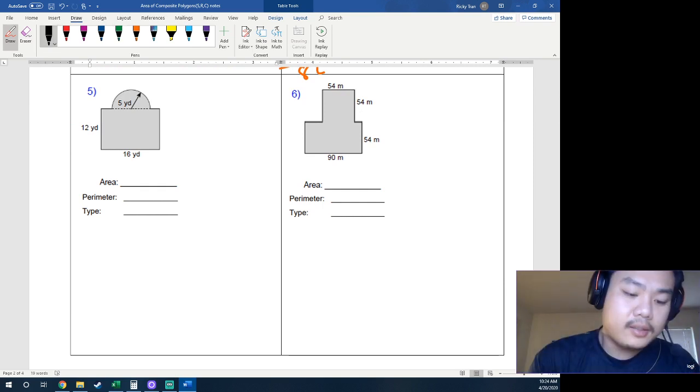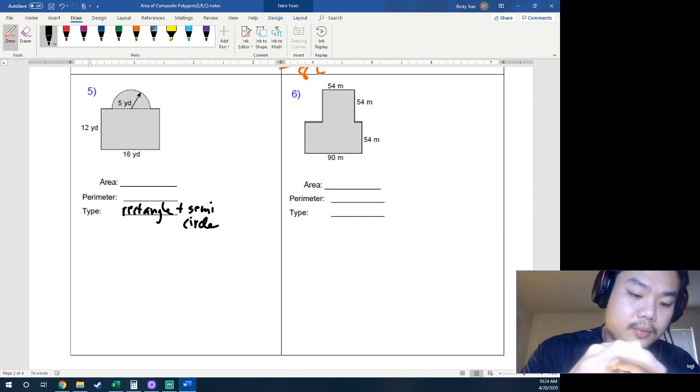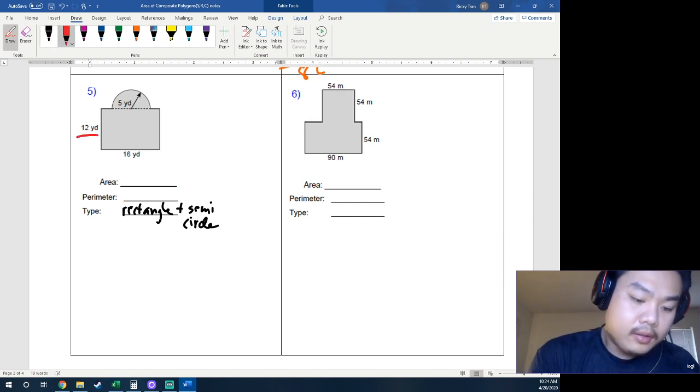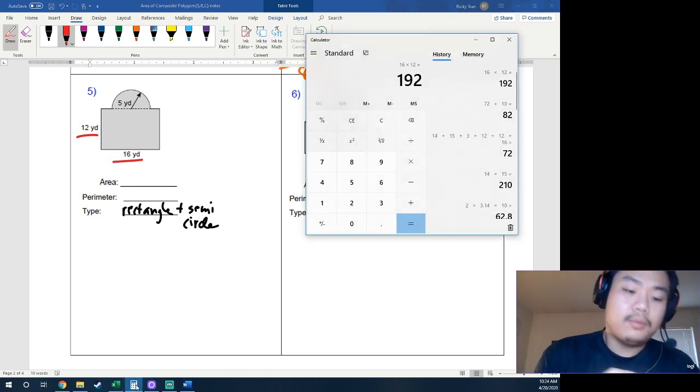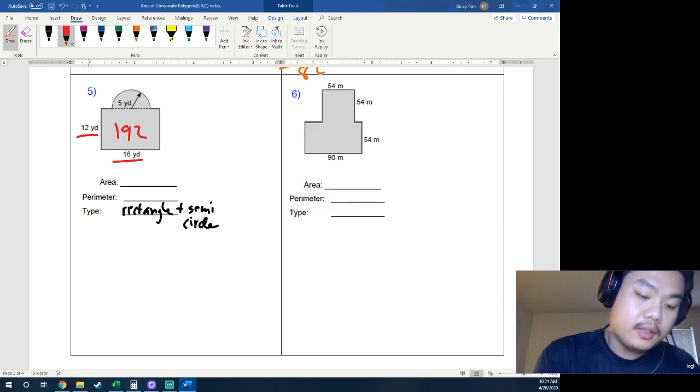Again, this is a rectangle plus semicircle. So the area of this is 16 times 12, 192. This is 192.